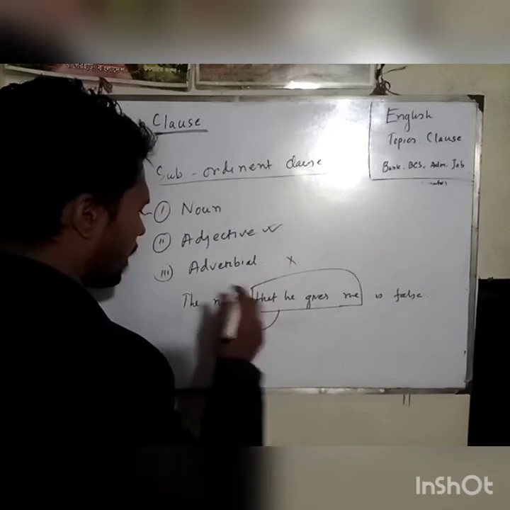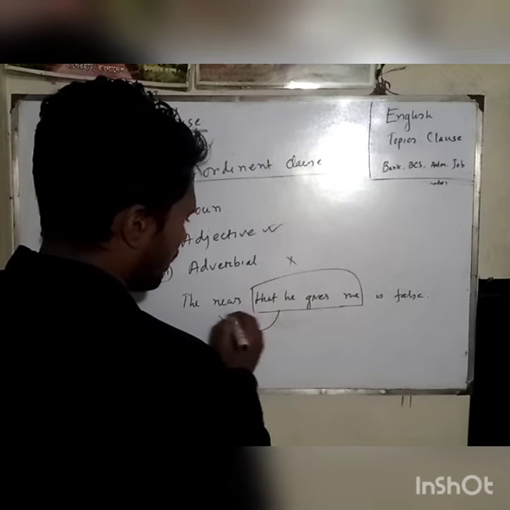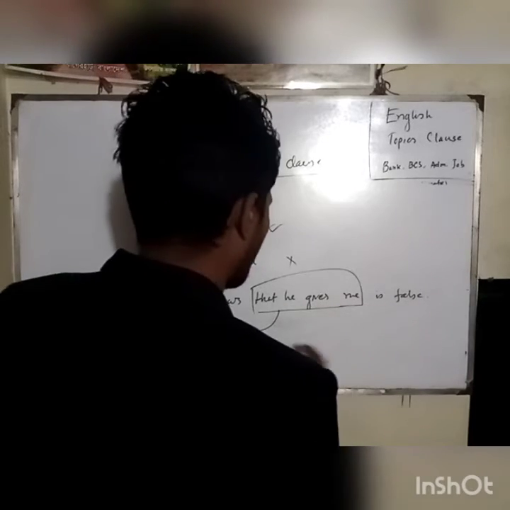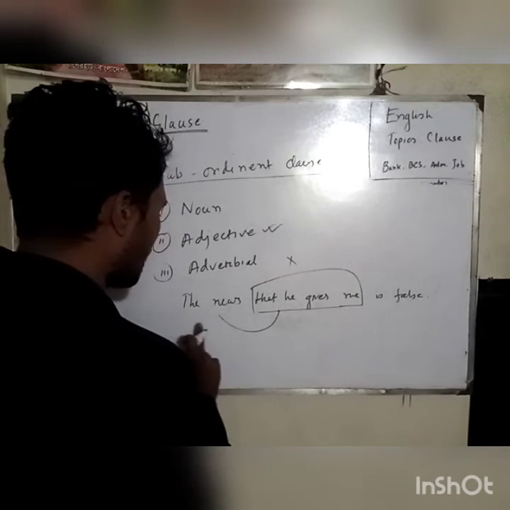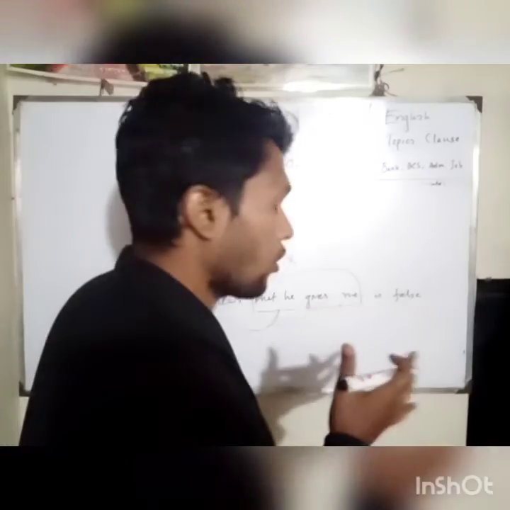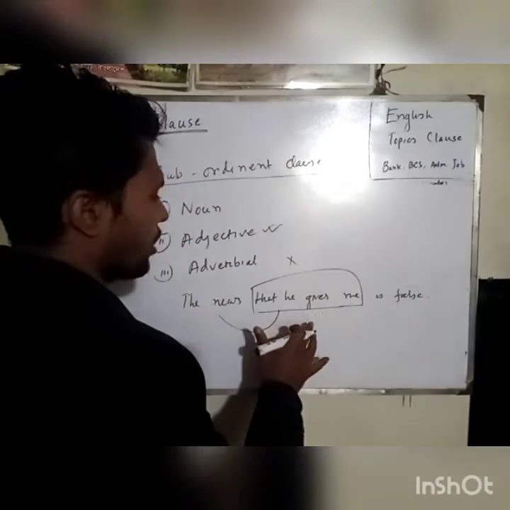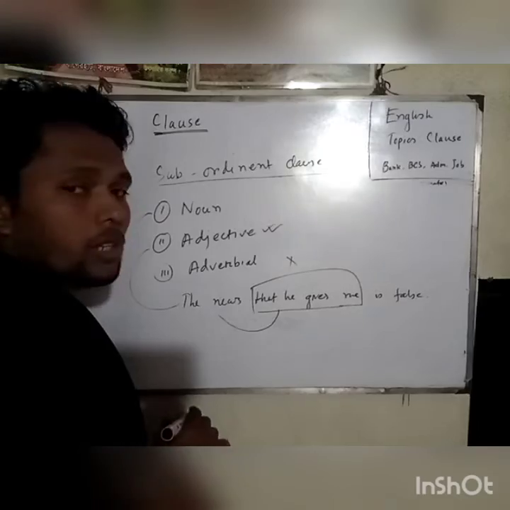Look again, the news that he gives me is false. If we cancel this part, the sentence is the news is false. It also describes a meaning. That's called an adjective clause.